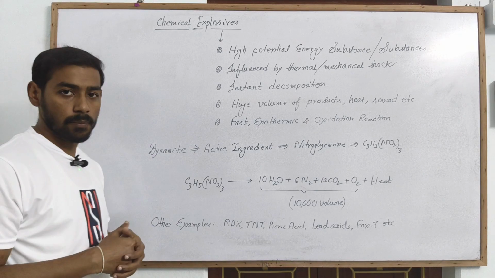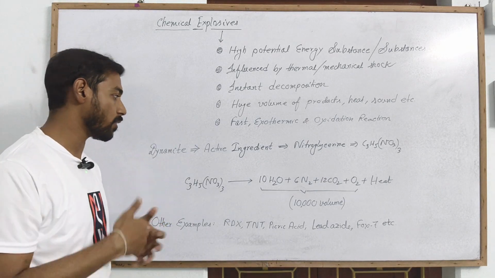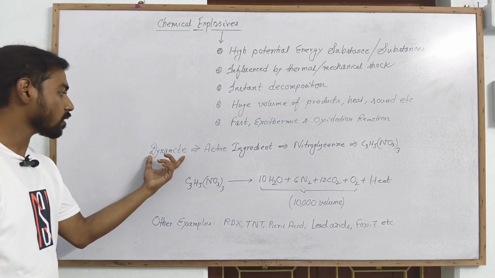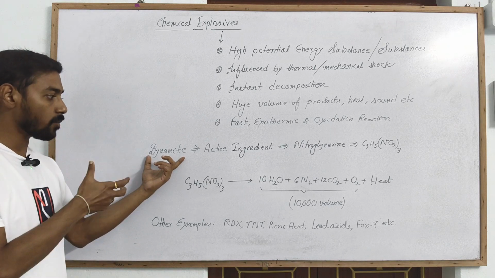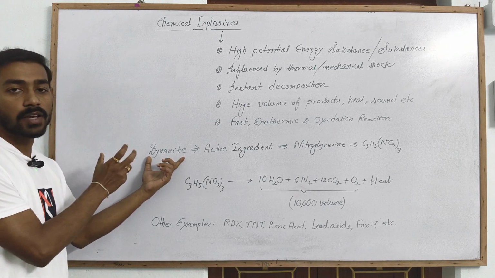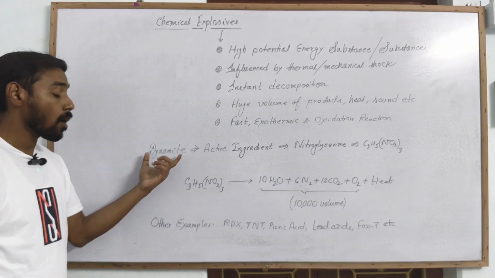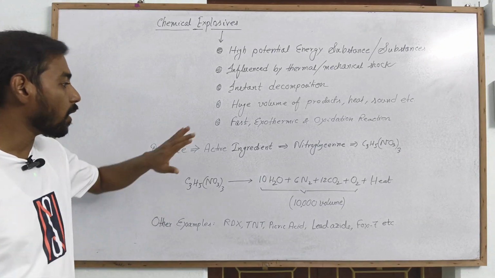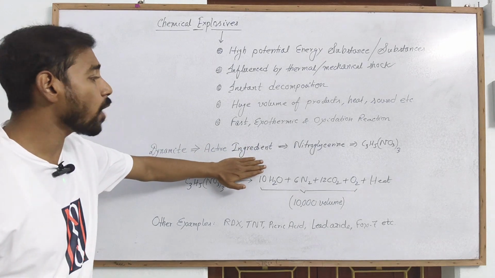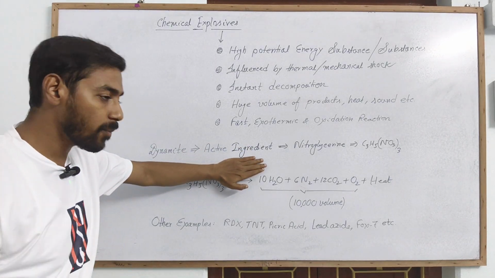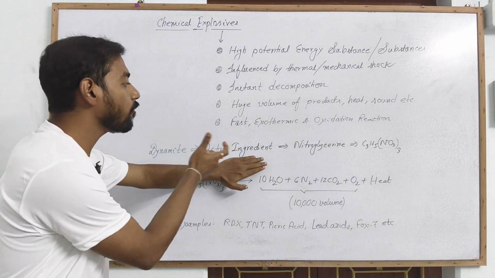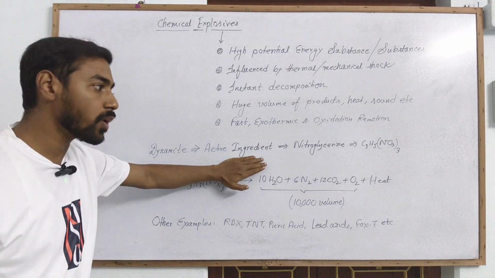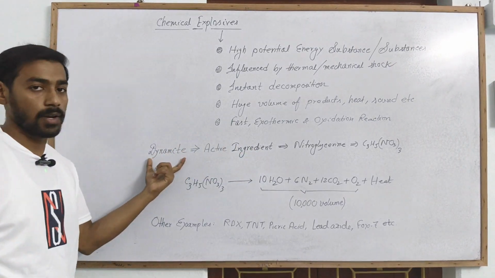Now coming to an example, the picture will be brighter comparatively. This is dynamite. We have already heard of this kind of explosive, right? Most of us know the term, but very few are familiar with the active ingredient in dynamite.